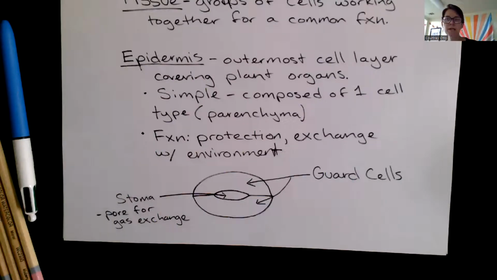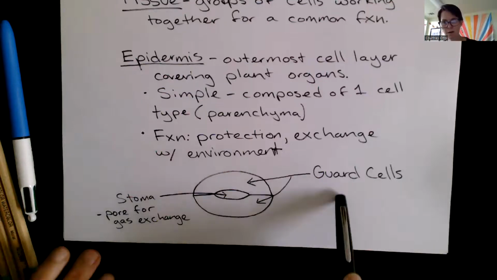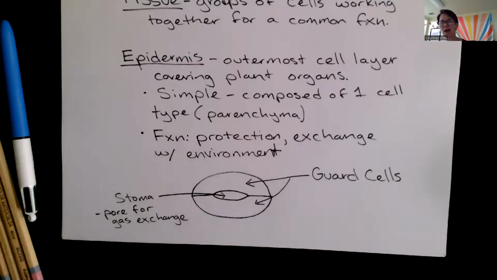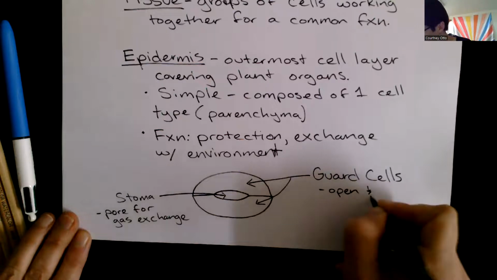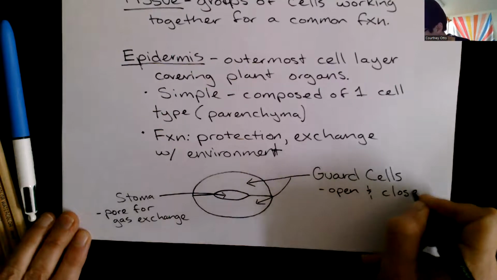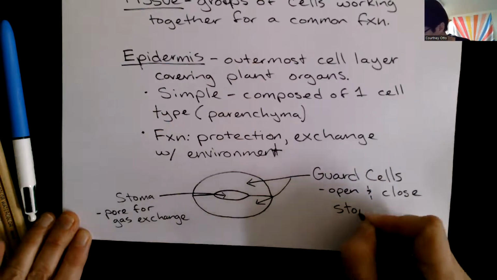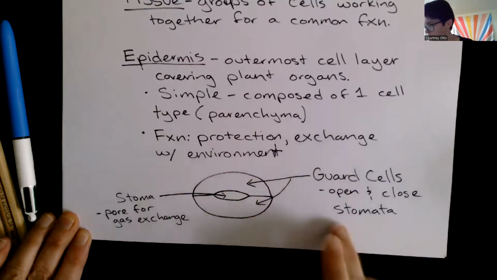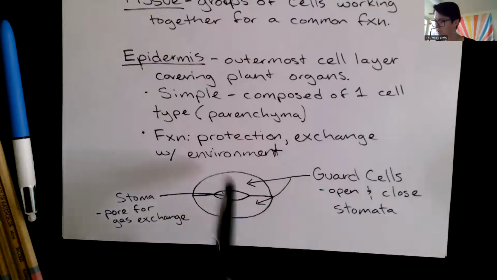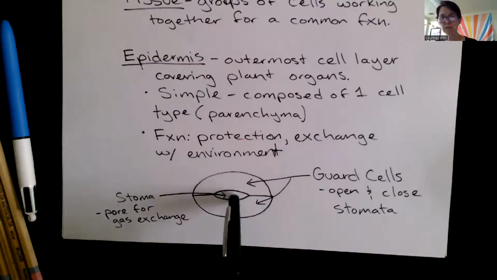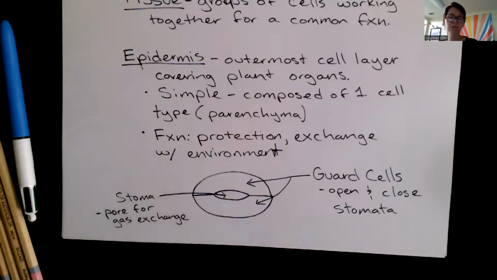Now we're going to find these on the outside of the epidermis of leaves and stems. The guard cells are going to be responsible for actually opening and closing the stomata. Stomata is just the plural form of the word stoma. Stoma is one, stomata is many. And so these guard cells are going to open and close that stoma to prevent, say, too much gas exchange from occurring.